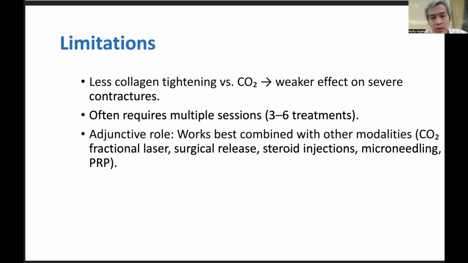It may require 3 to 6 treatments in my patients, although after the 6th treatment the result is quite good, and we can observe a very good result. However, if the patient wants a better result, it may require 8 or even 10 sessions.